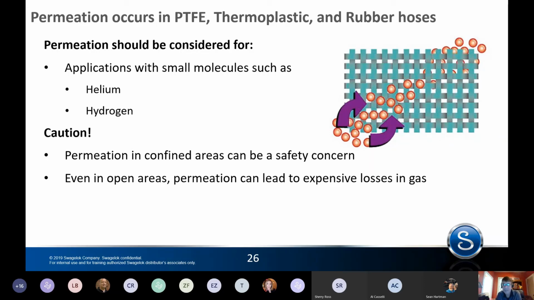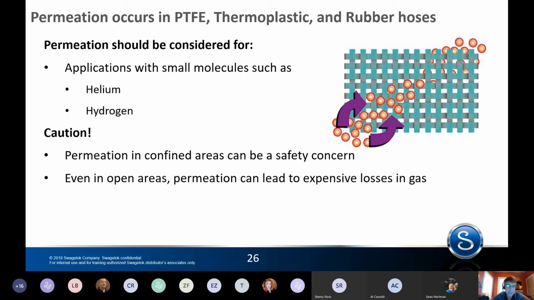It can also be dangerous gas. It can be toxic or explosive, or in a confined area, it can be an asphyxiation problem. So you need to make sure that you understand the permeation requirements of your hose.